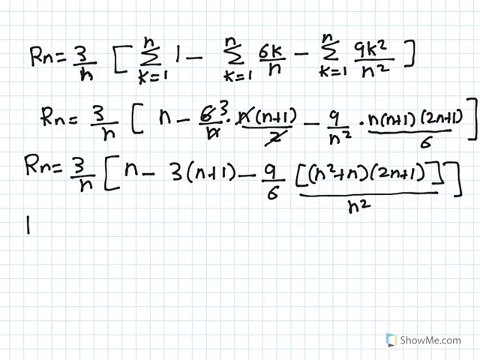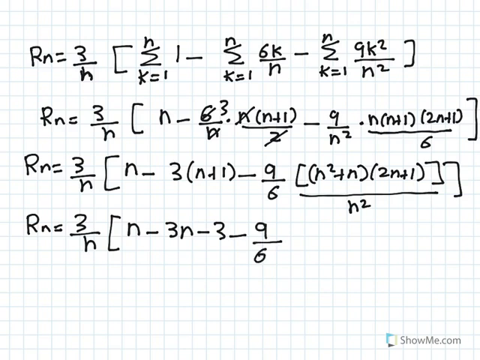Let's simplify a bit more. We get Rn is 3 over n, n minus 3n, minus 3, minus 9 over 6n squared, times 2n cubed. Let's add up the middle terms, so we get n squared plus 2n squared, that's 3n squared, plus n.